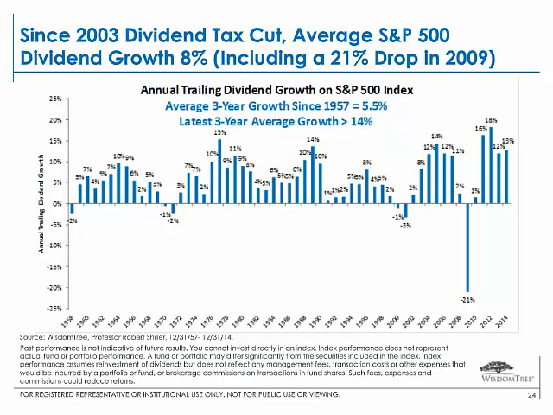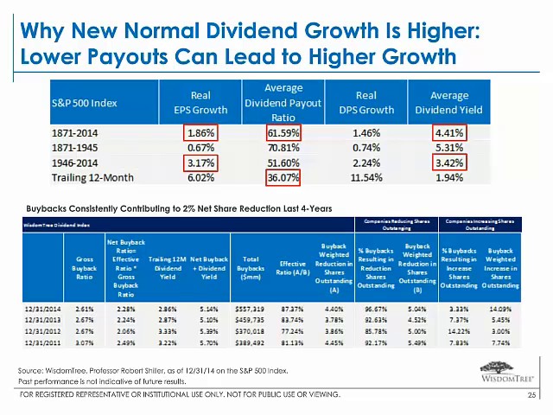So the natural question is, can it continue? Because, of course, if the dividend growth cannot continue, then necessarily the market is more expensive than if the dividend growth can continue. And one of the ways to look at that, and it's fairly interesting to be able to go back to 1871.